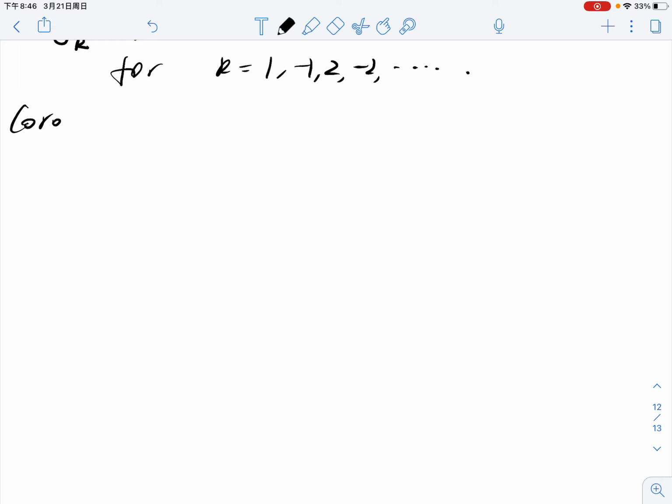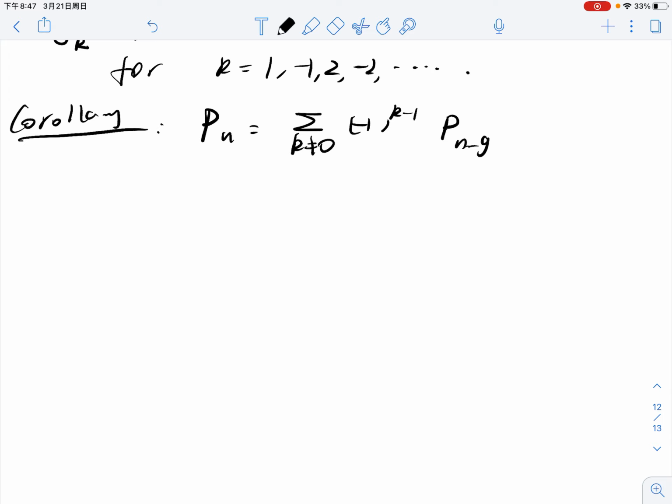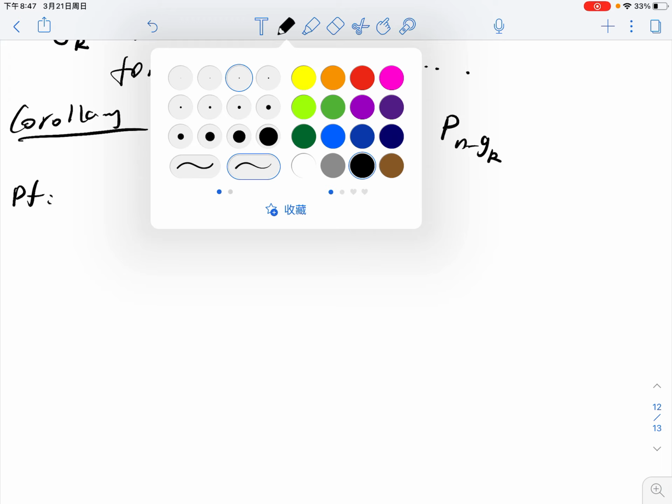And the easy corollary is that Pn is the summation over all k different from 0 of -1 to the k minus 1 times P of n minus gk, where gk is a pentagonal number.